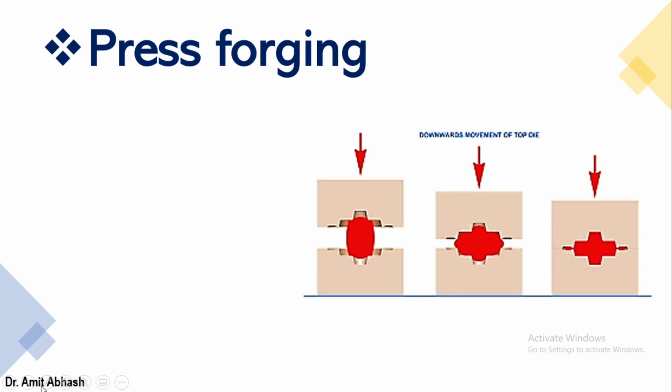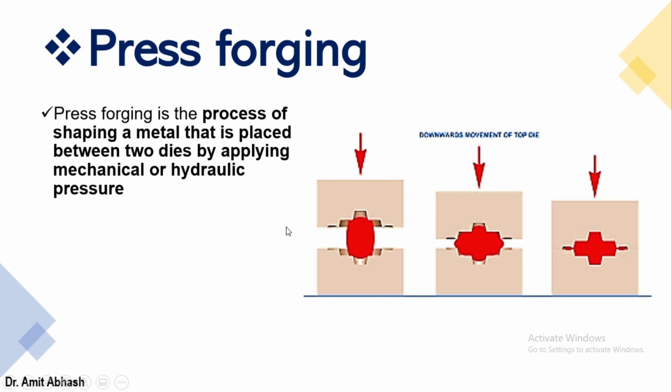So here in the press forging, the forging operation, press forging is the process of shaping metal that is placed between two dies by applying mechanical or hydraulic pressure.